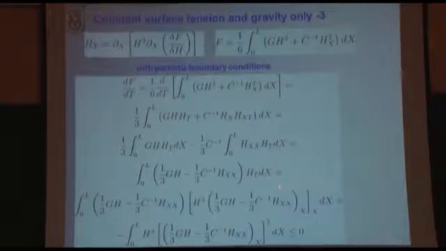Now I use my equation. I substitute this equation here instead of this time derivative, and that's what I get. This is my equation rewritten in this form. And now again I use integration by parts. Sorry for the complications due to integration by parts, but it turns out to be a very powerful thing. And finally, I get this.